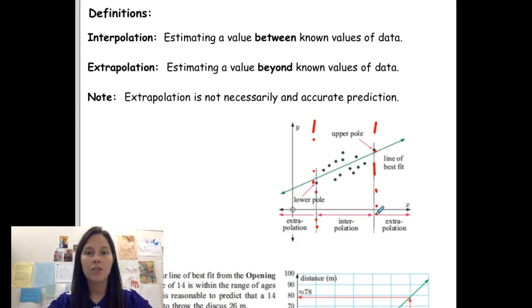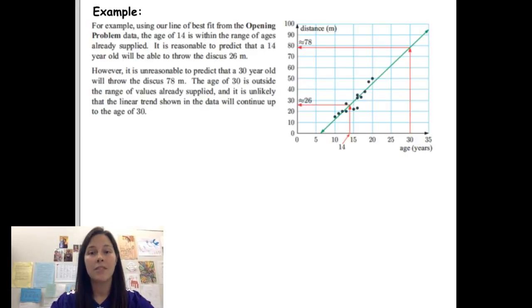So we've got a note of caution here. When you extrapolate using a line of fit, it's not always the best estimate, because what happens beyond the known data may no longer be linear. So here we've got a couple of examples, one of interpolation. If we use a data value of 14, that is within the known data values, so it's a fairly accurate prediction of what a 14-year-old could probably do with the discus.